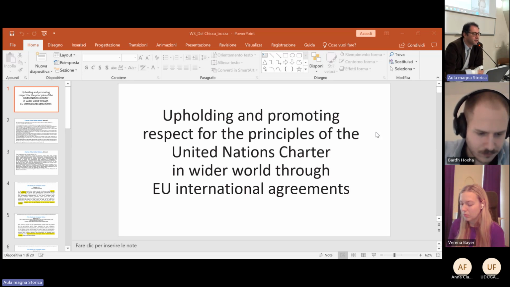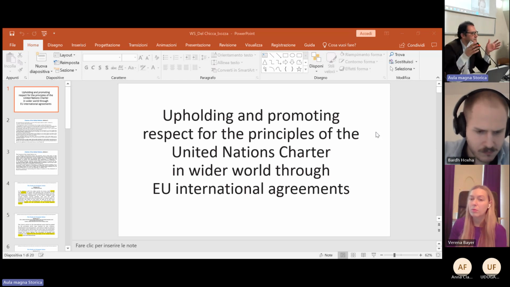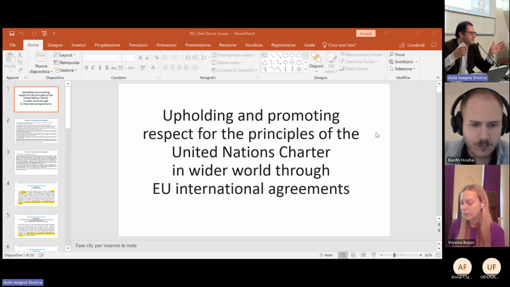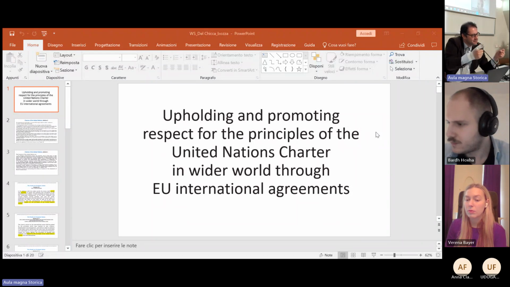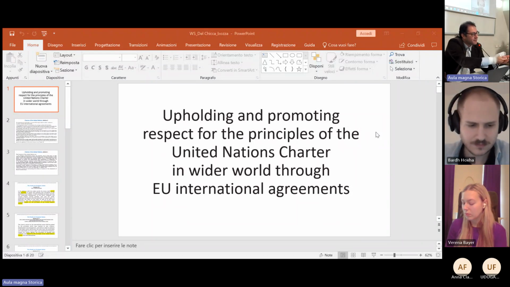Okay? The international agreement is an agreement which binds its parties. It is created in several phases. The first phase is negotiation. The parties who want to bind themselves to an agreement meet to negotiate the new text of the treaty.